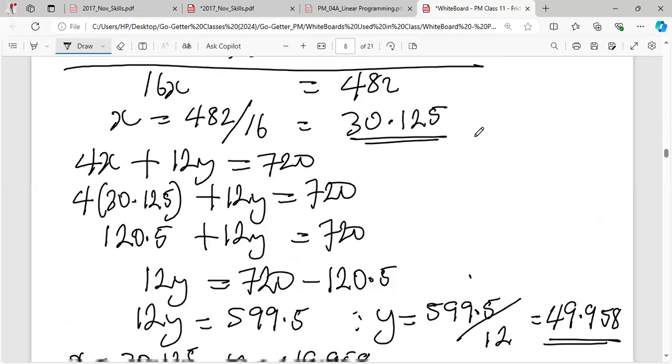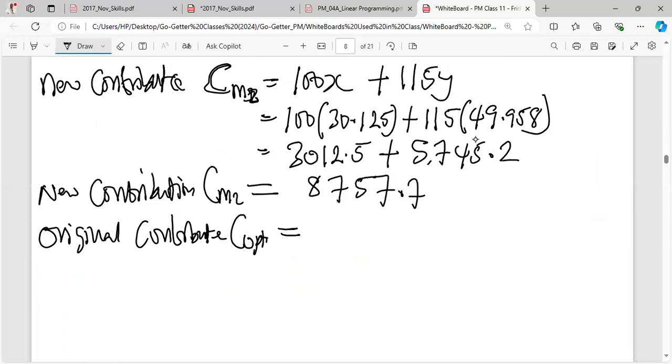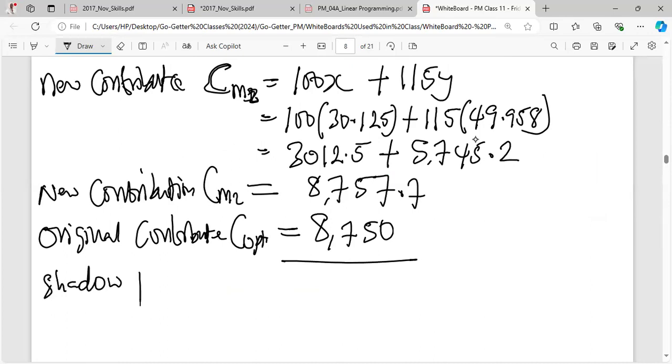So when you find the difference, your shadow price is the difference. That will give me 7 naira 70 kobo.